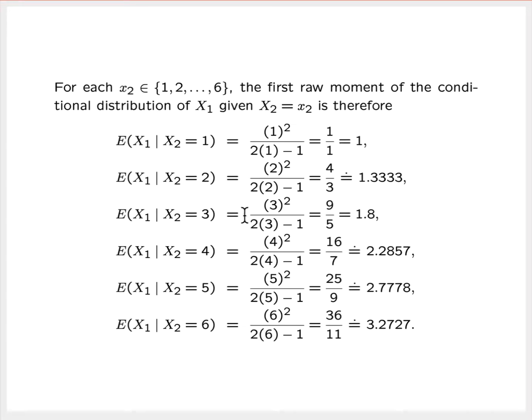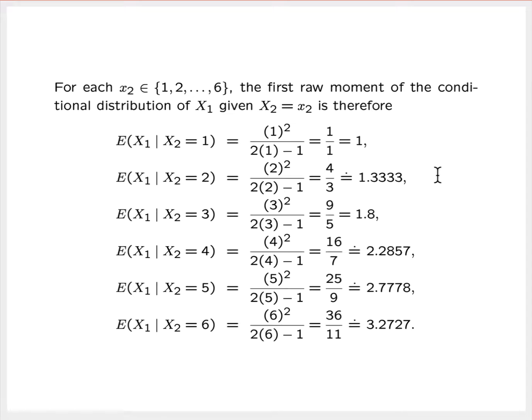And so once we have that expression, we can evaluate the conditional expectation of x1 given x2 for each value of x2 in its sample space, which consists of the integers from 1 up to 6. And so for each value of x2 in that set, the first raw moment of the conditional distribution of x1 given x2 is given by these values. So the first raw moment of the conditional distribution of x1 given that x2 is equal to 1 is 1.